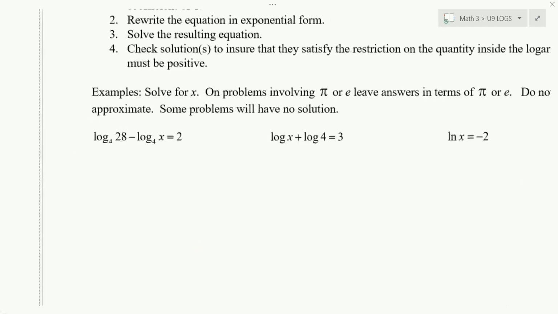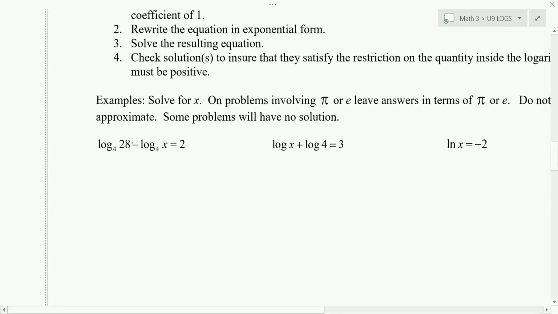Okay. So step 1, again, is to condense the log. On the left-hand side, we have 2 logs that we need to subtract. And as we've done in the past, we use the quotient property and write 28 over x equal to 2. Okay, so that's step 1.